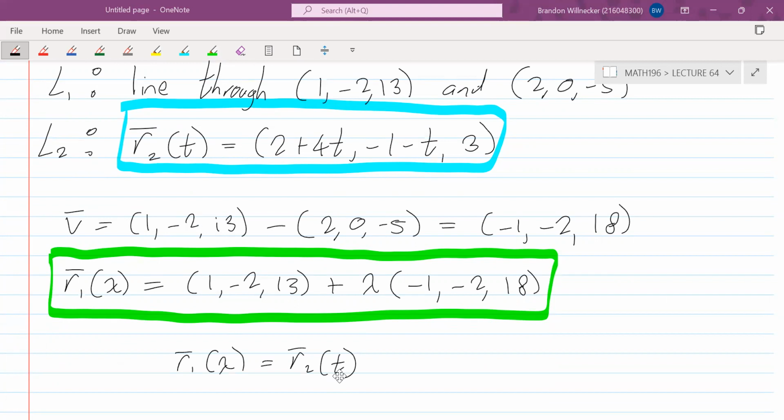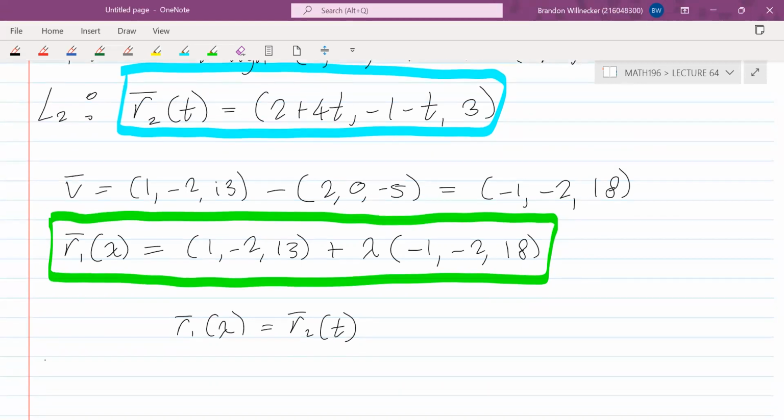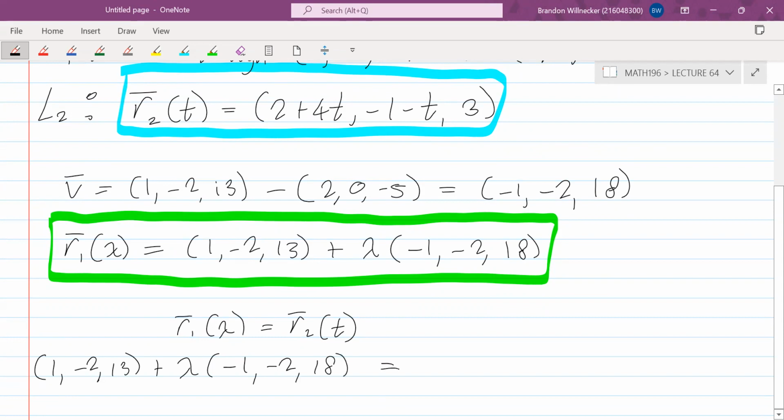We need different parameters because they're different lines. On the left-hand side, we've got (1, -2, 13) plus lambda times (-1, -2, 18). On the right-hand side, we've got (2 plus 4t, -1 minus t, 3).